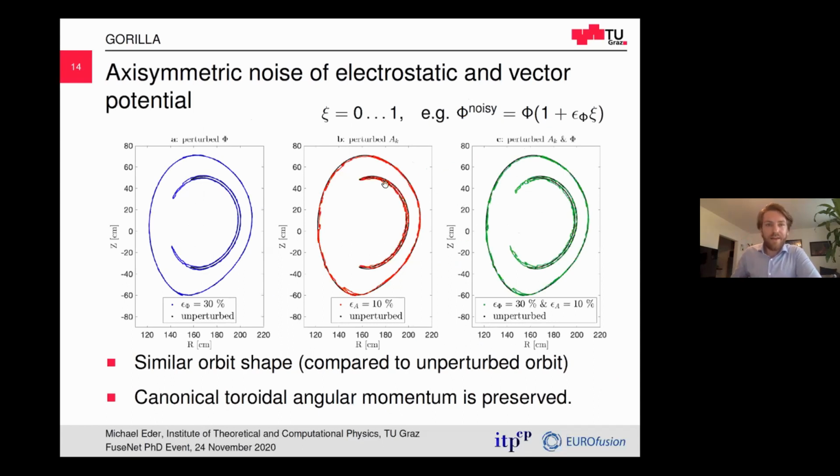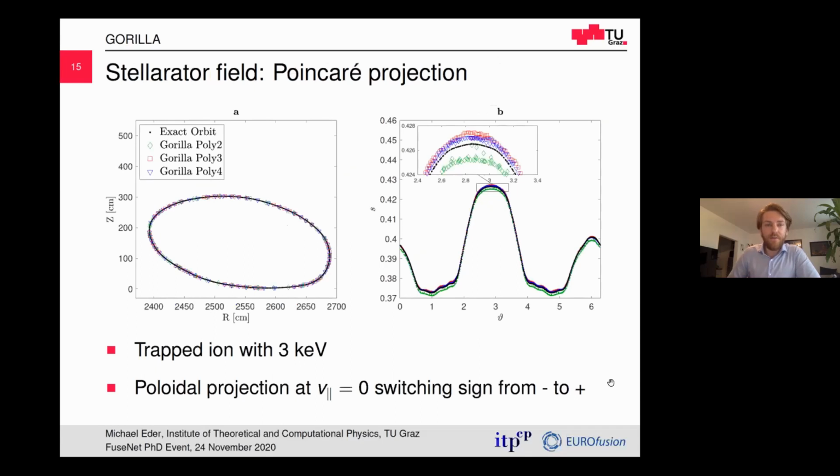Now we also added axisymmetric electrostatic noise to the vector potential and the electrostatic potential up to 30%. Here the orbit shape is similar, but still they remain closed on the drift surface, which means this canonical toroidal angular momentum is even preserved under axisymmetric noise.